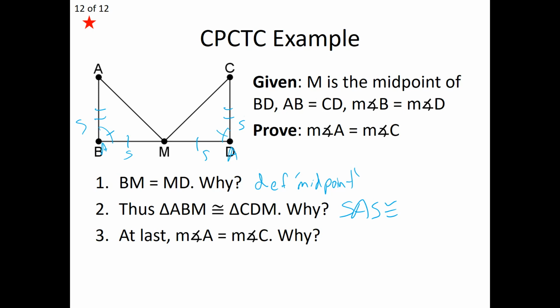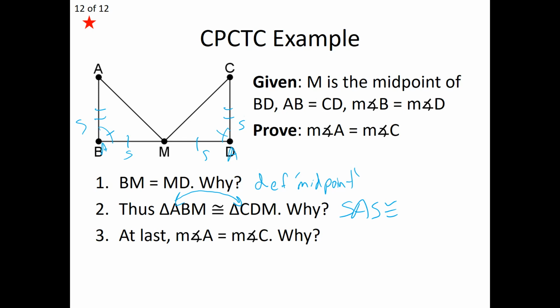Now that I know that the two triangles are congruent, I know by the definition of polygon congruence that their lists are identical. So look at our congruence statement. Look at how our vertex A and our vertex C are in the exact same position. Remember, order matters. What's important then about vertex A and vertex C being in the same position?